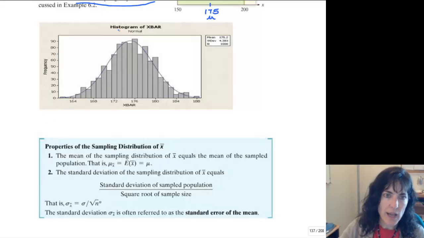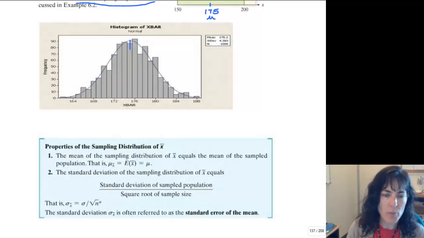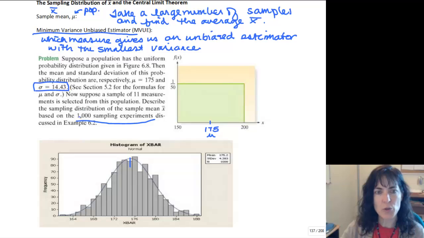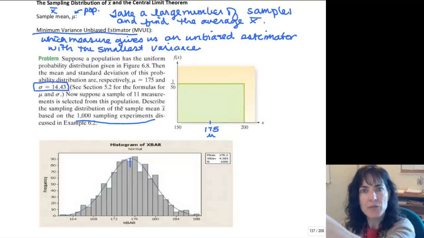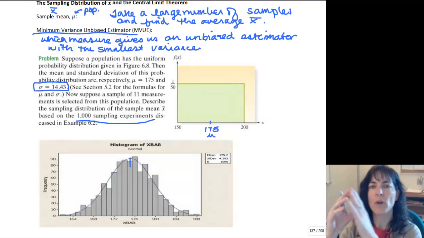So when we look at that, and we're not going to do this in reality, but theoretically we like to think about it because we want to know how close can we get. So here's the properties of this sampling distribution of x bar. So back here, remember, this is what we're doing. We take 11 measurements from the population, and we calculate the mean. Then we write that down. Then we take 11 different measurements from our population, calculate the mean, and write that down.